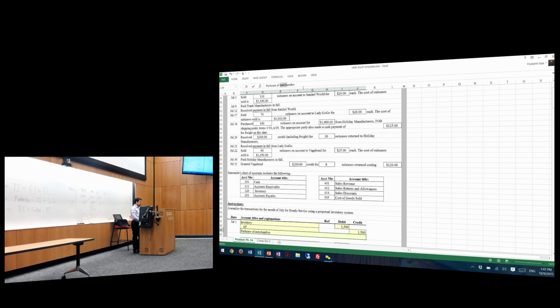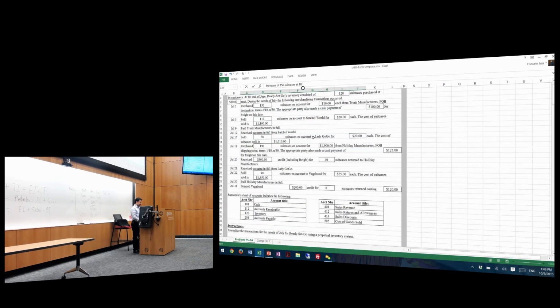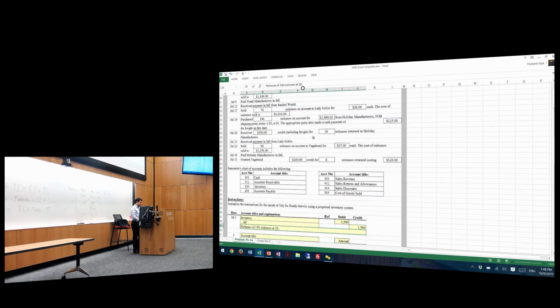So to be more specific, 150 suitcases at $10 each, and the terms were 2/10, net 30. So terms are 2/10 and 30. Okay? Next.